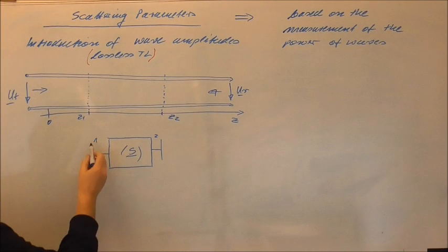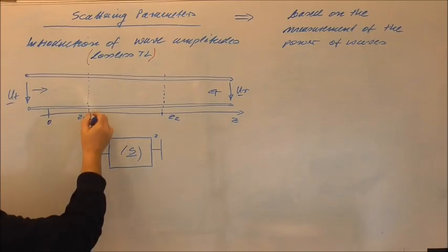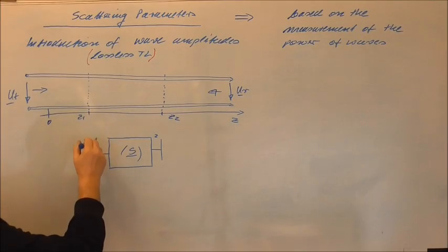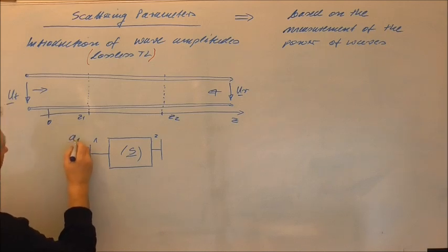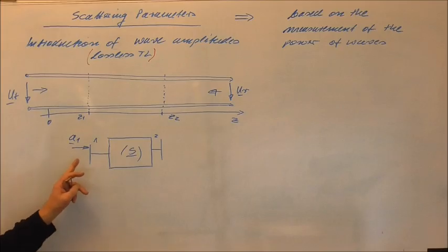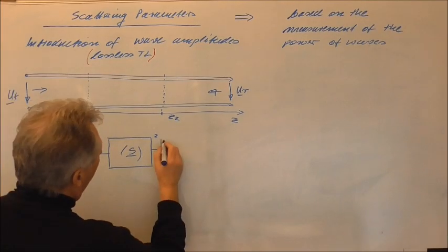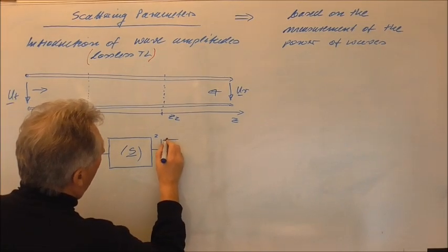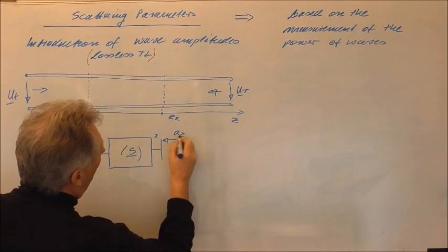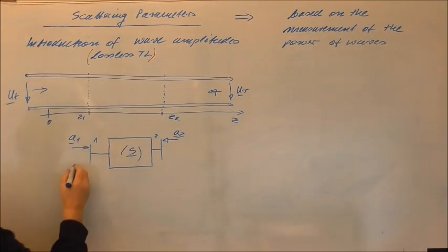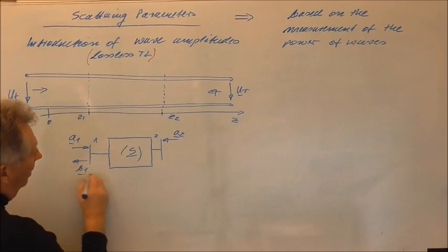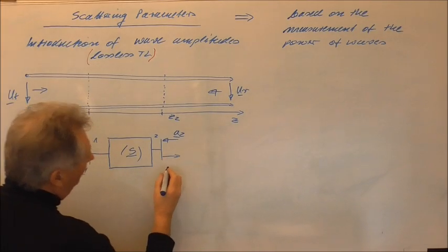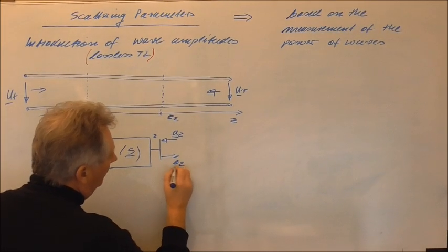We define, for example, port 1, which is placed at Z1, and I assume that I have here the incident wave amplitude A1, and also at port 2 the incident wave amplitude A2, and we have the reflected wave amplitudes B1 and B2.